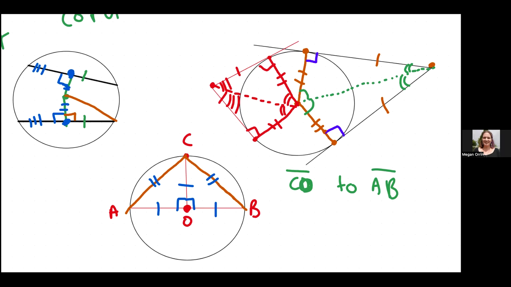It's both of those. Perpendicular bisector. So it's really important, if they tell you that CO is a perpendicular bisector to AB, then you can mark in your right angles, which is going to give you information about what's equal. And you can use Pythagoras on something like this, which is nice.